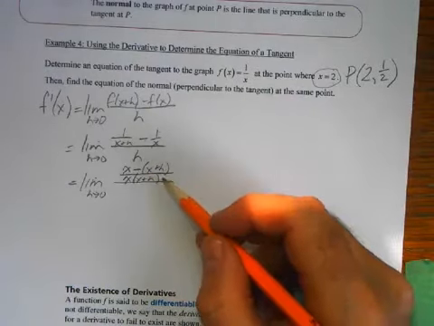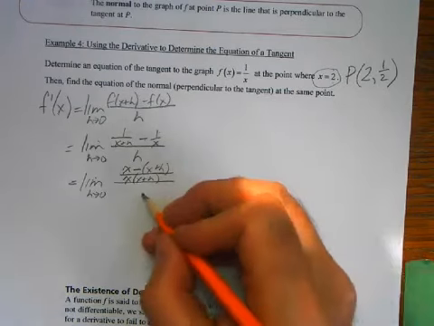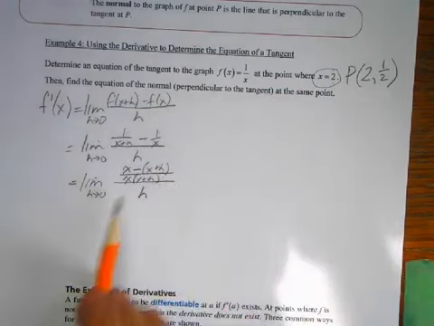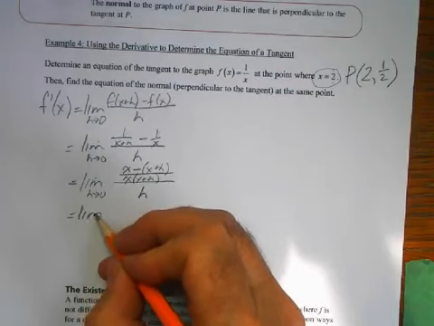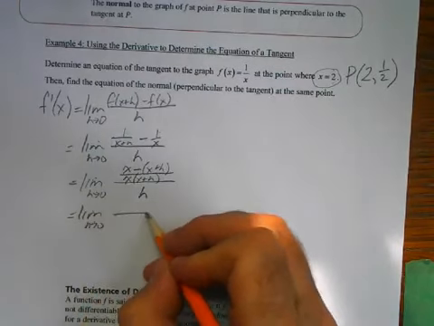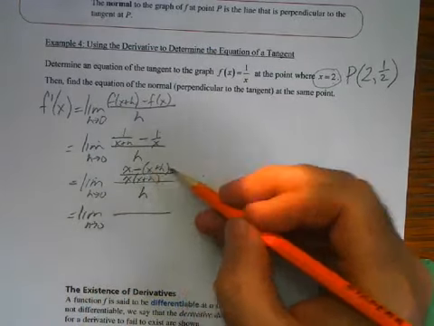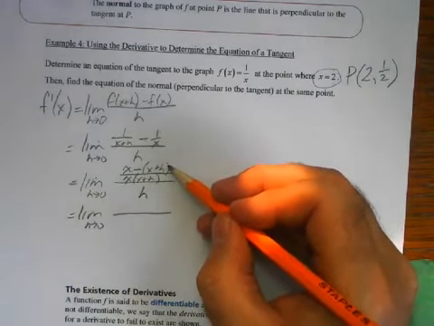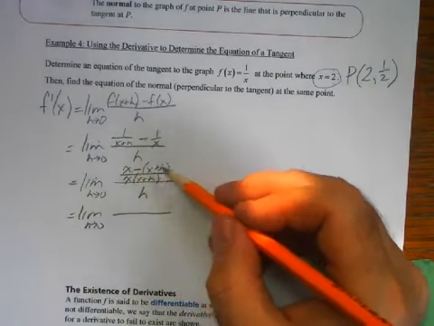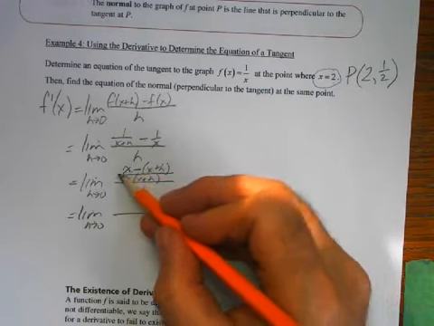So you can see on the top, we've got x minus x, and then this h is also minus. So we have x minus x minus h. The two x's cancel, and all we have left is a minus h.